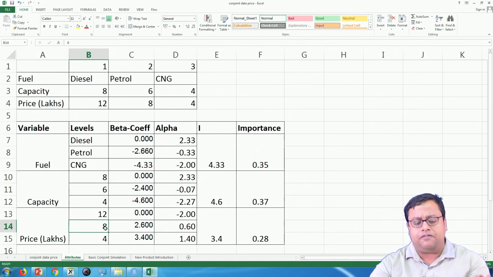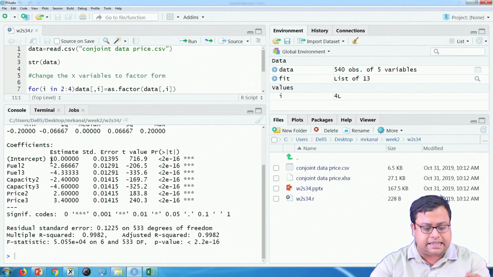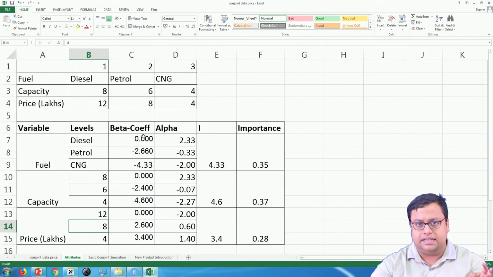His willingness to pay will be, the coefficient is 10. So, 10, if it is diesel then it is 0, 10 plus 0. If it is 8 seater then again plus 0, and then if it is something else plus 2.6. So, 12.6. Something like that.